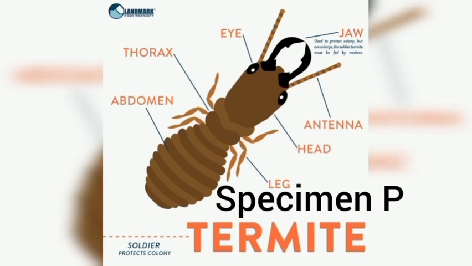Those with larva and pupa are the ones with complete metamorphosis. But here we have just the egg, the nymph, and the adult, just 3 stages in their metamorphosis. That is incomplete metamorphosis. So that is it for the last specimen.